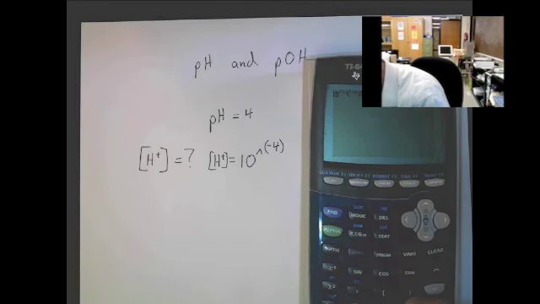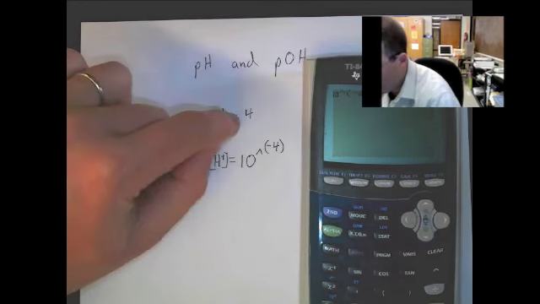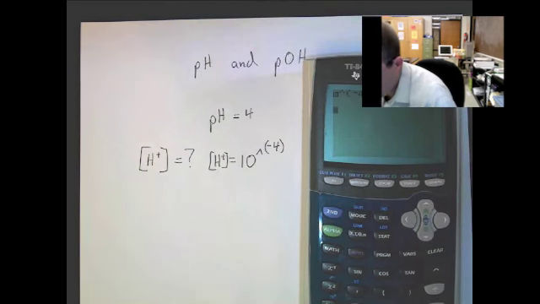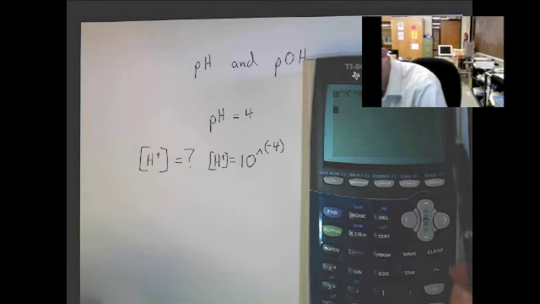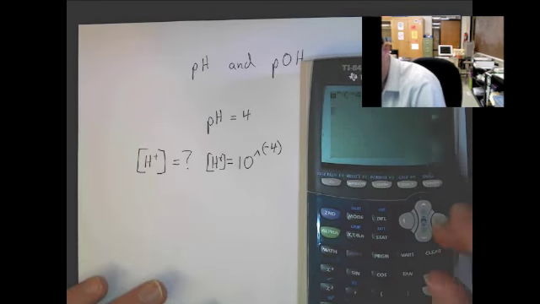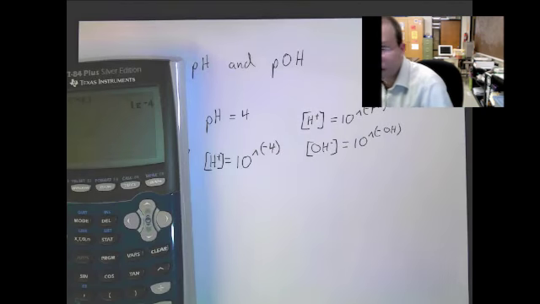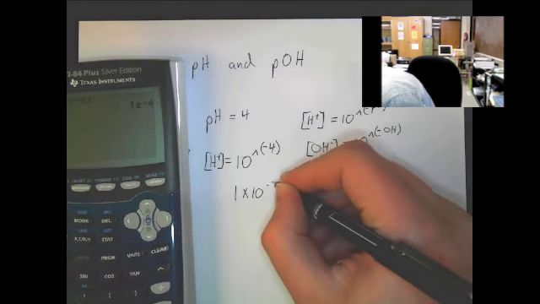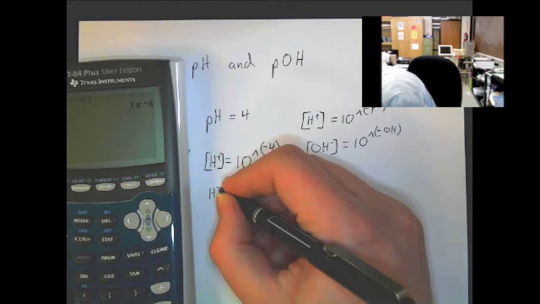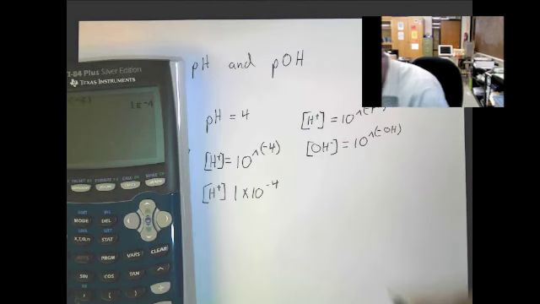Then we type in -4, because that's our pH with the negative sign. You hit enter. And that's our answer. That is our concentration. Now, the way you interpret this, if you're not sure, it's the same thing as saying 1 times 10 to the negative 4th. And that is, again, our H+ concentration.